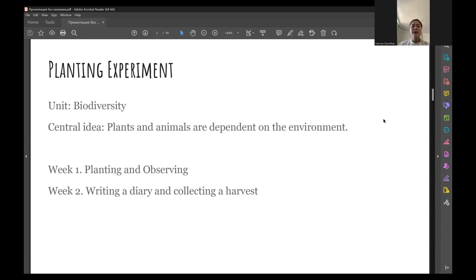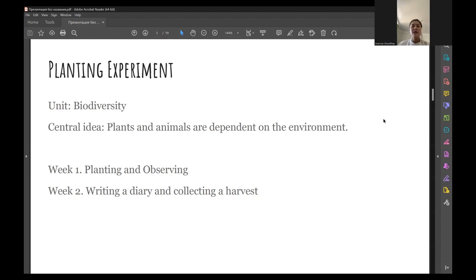For the first week, I chose the planting process. I started the planting process, and kids were observing. Kids were planting and observing their seeds and plants. In the second week, they started writing a diary, then collecting their harvest was the final part.